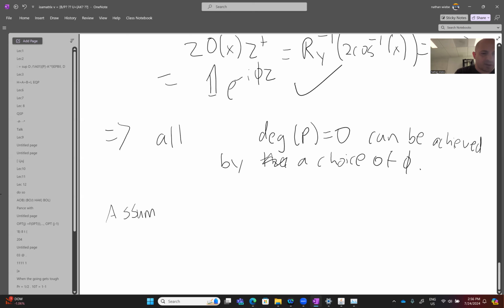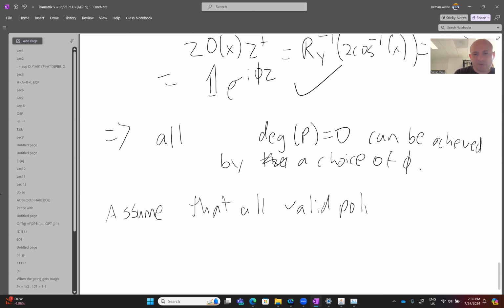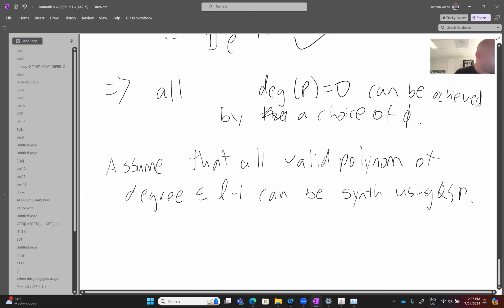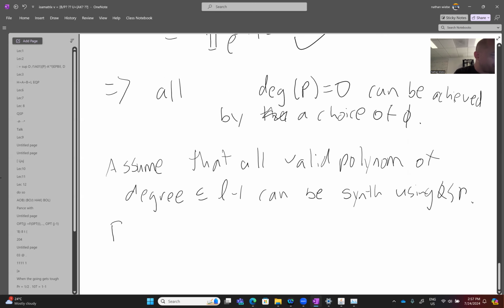So assume that all valid polynomials of degree less than or equal to L minus 1 can be synthesized using this method. Then, if that's the case, we can try to build our target, P of x.